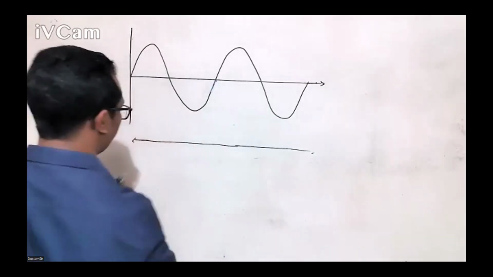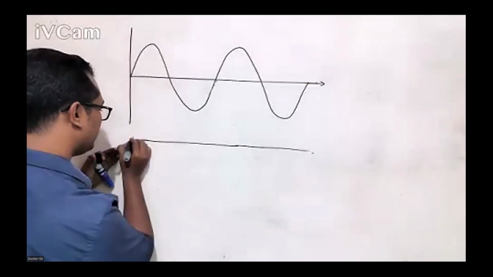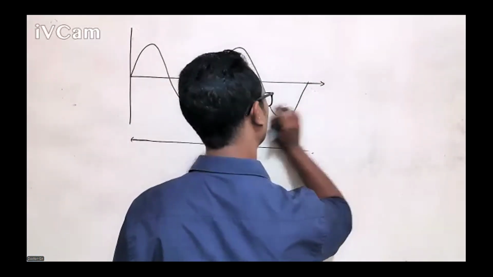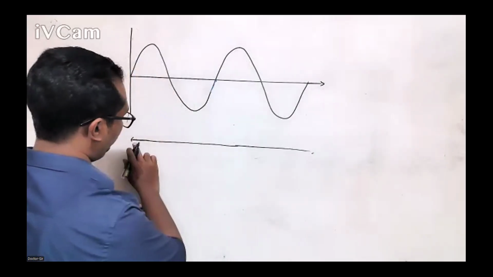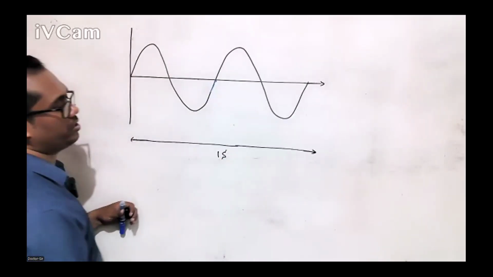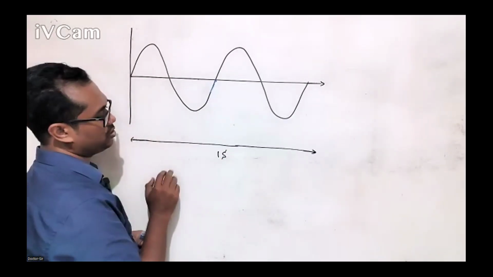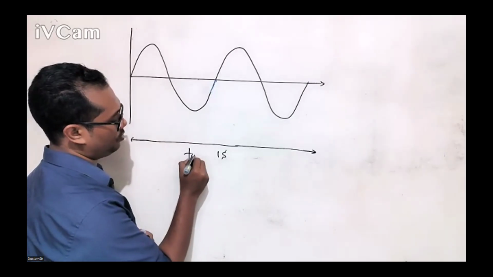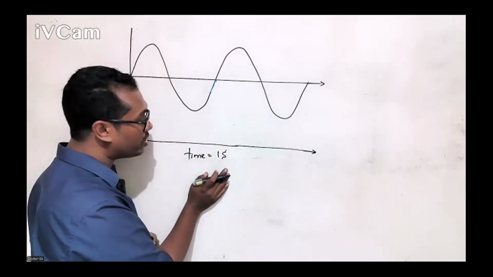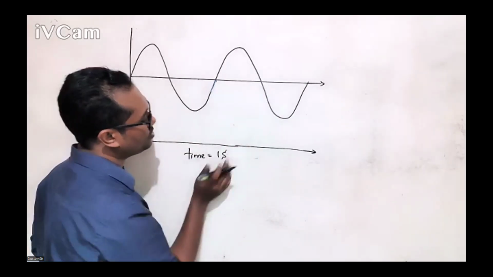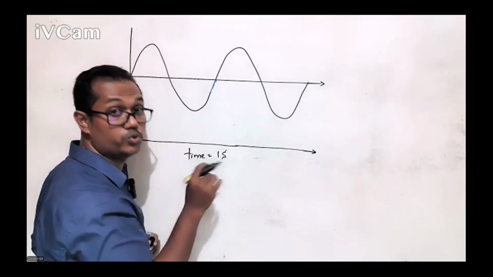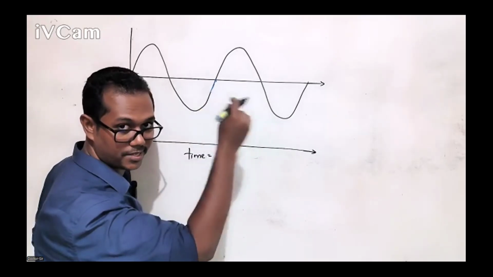Now I consider from here to here. Here are almost 2 wave cycles, and from here to here the time duration is 1 second. Consider the time for all 2 cycles is 1 second. Now you can count how many cycles form within this 1 second. 2 cycles. So frequency is 2 cycles per second.